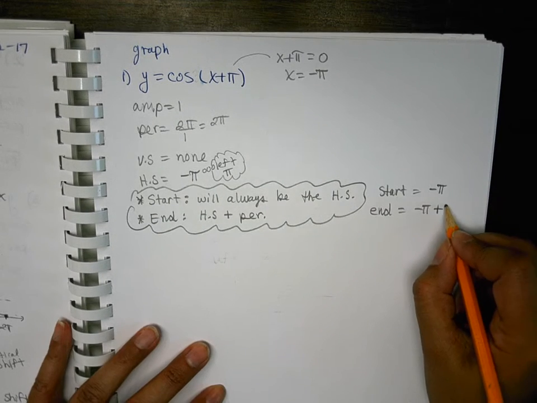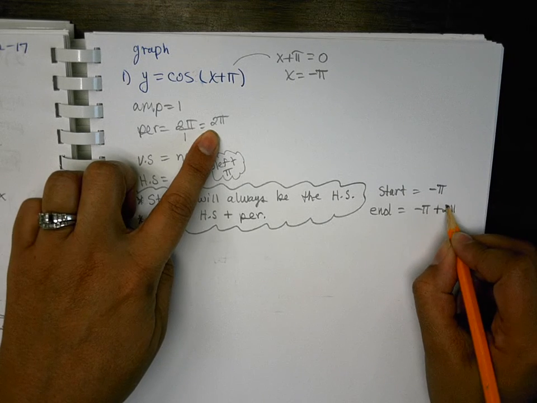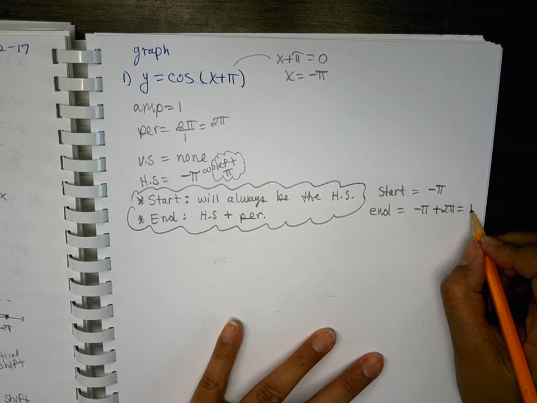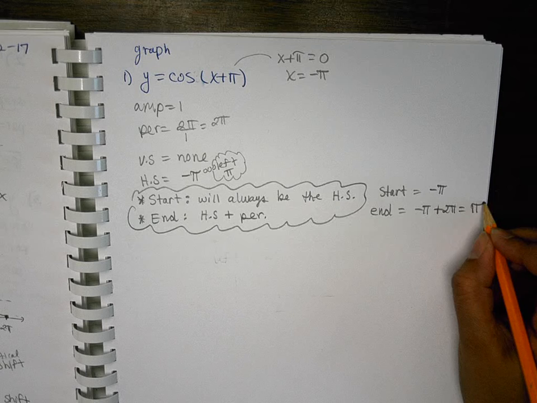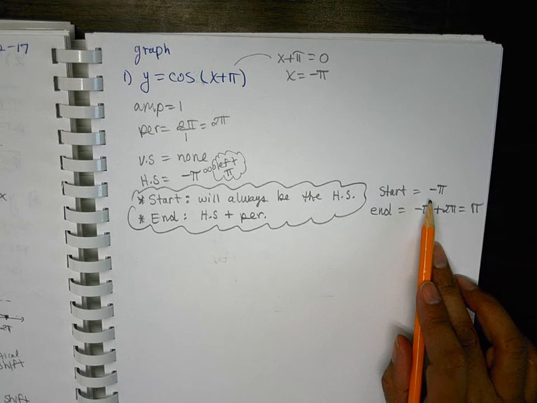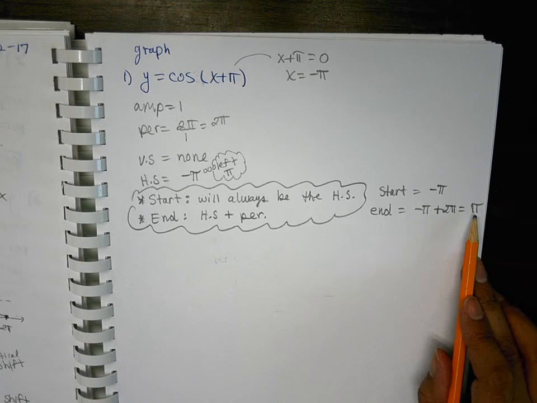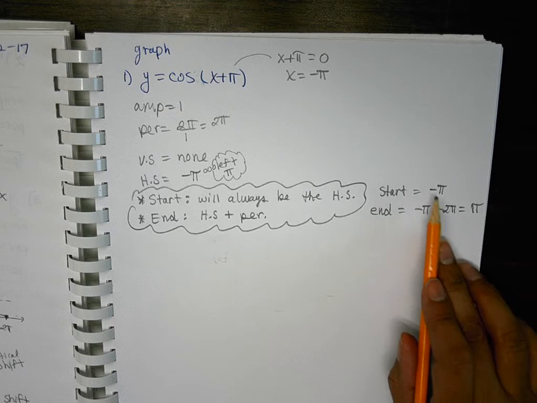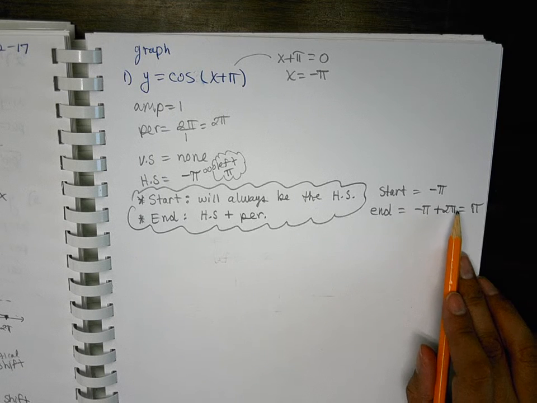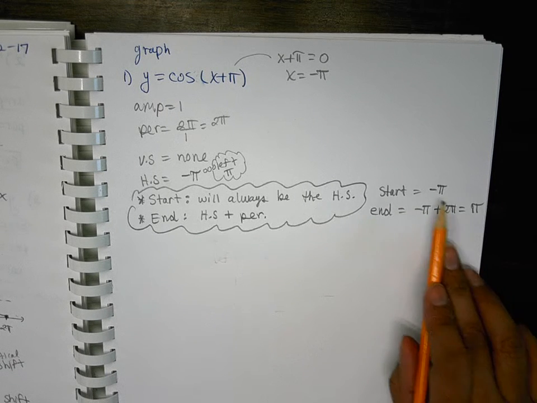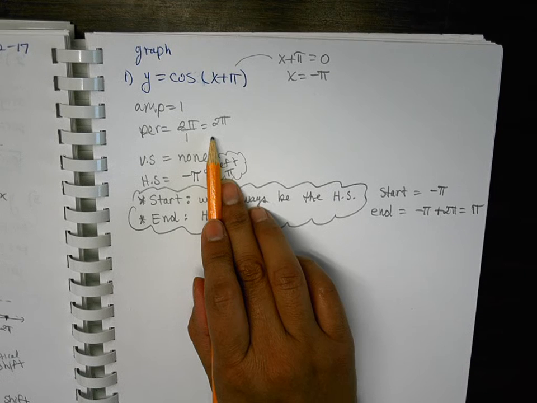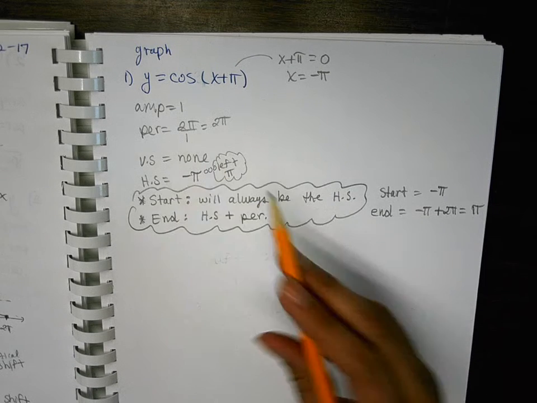That's my period length. And what do I get as my answer? Pi. Think about it. If I'm at -pi to start and I end at pi, what's the distance between -pi and pi? It should always be whatever your period length is. You told me 2 pi, and is that the period length? Yes. All right, questions?